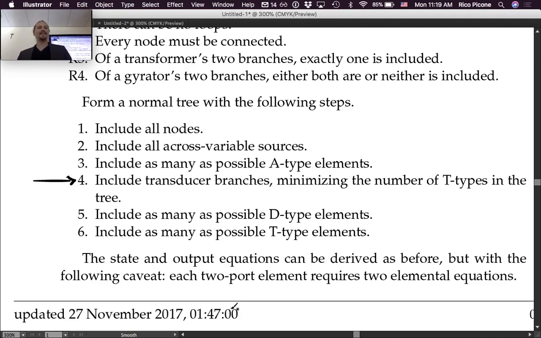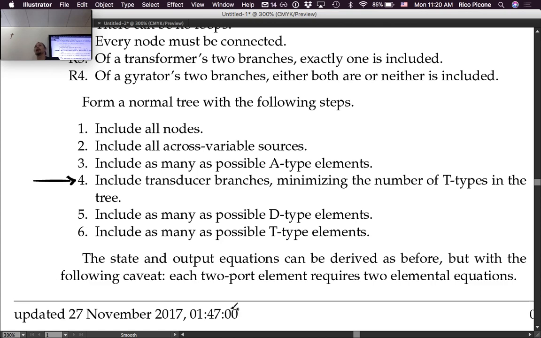Yeah. I like the across and through variables for the transducer. Are they going to be in the primary and secondary variables? That's a good question. They will be. Let's see. Hadn't considered this question before. So you still follow the same definition for primary and secondary.